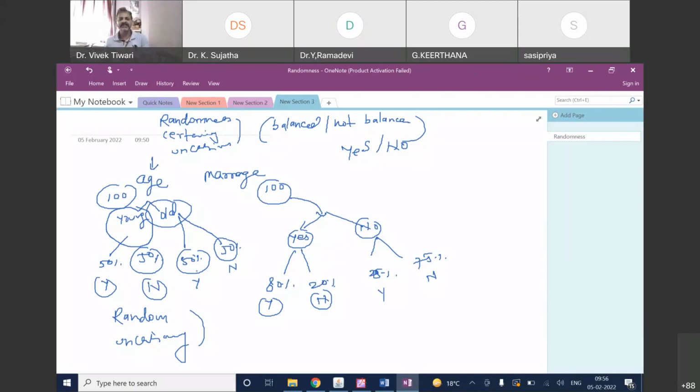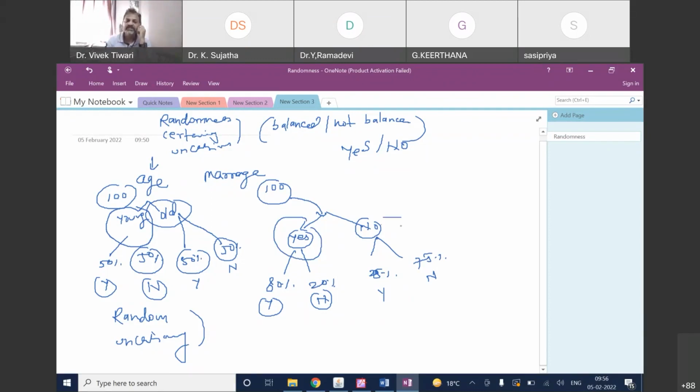On the other hand, marriage. If the person is married, what you are able to conclude is that there is now an 80% chance, or significantly more chance, to go for the investment. It is called certainty. It is going to reduce the randomness.